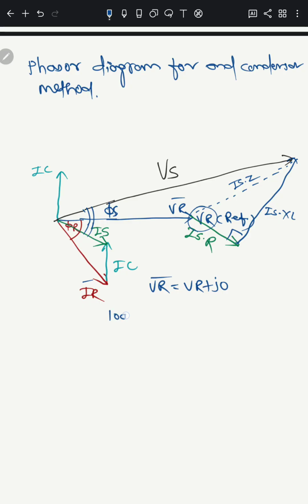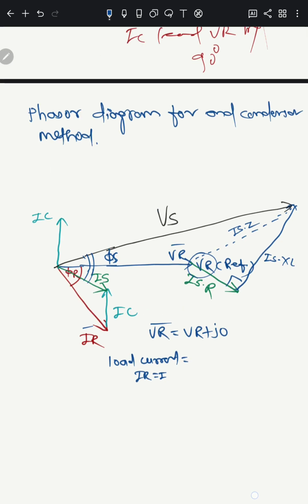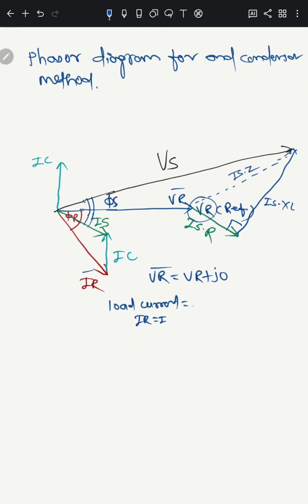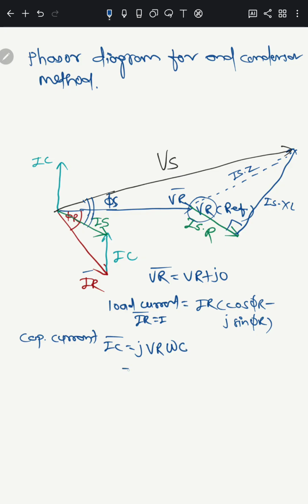The load current IR is written as IR cos phi R minus j sin phi R. Then the capacitive current IC bar is equal to j into Vr omega C, which can be written as j into 2 pi f C into vector Vr.